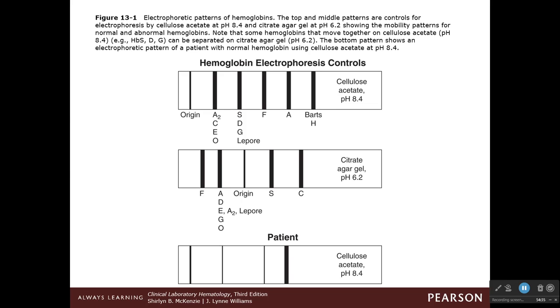All right? Now, right the opposite, though. When people have this, what are they going to have in their red cells? They're going to have 95% S because that's the majority of the hemoglobin they're going to make.